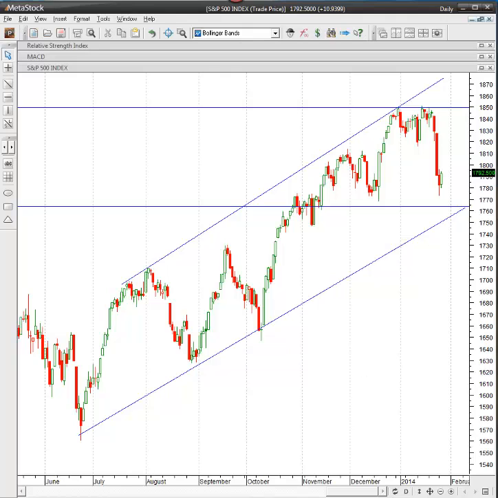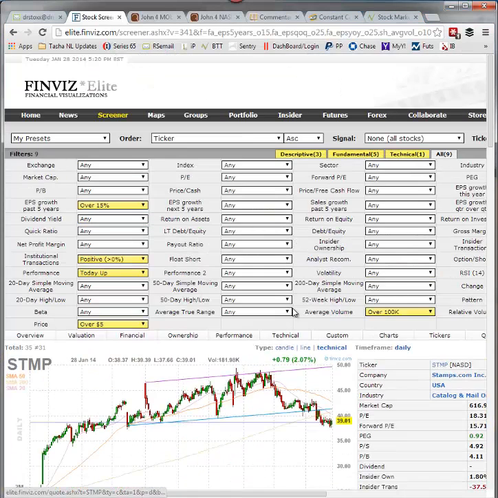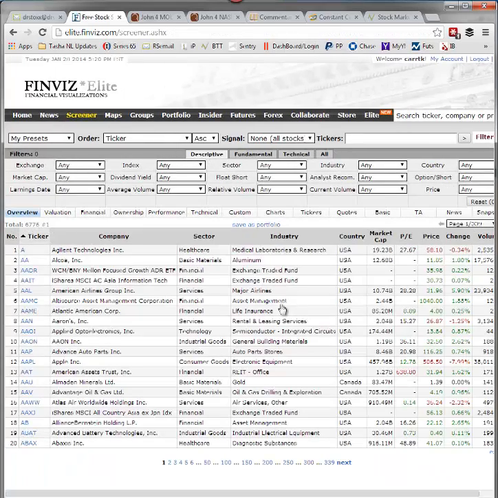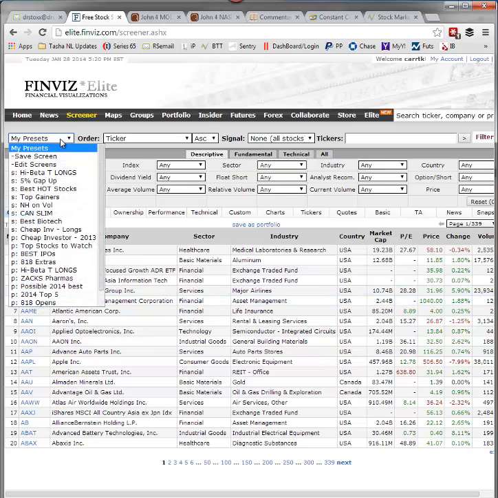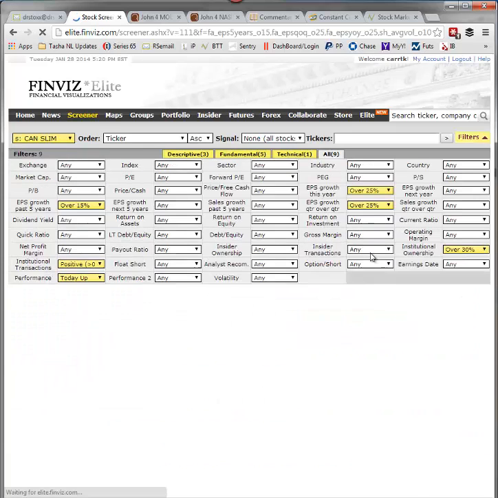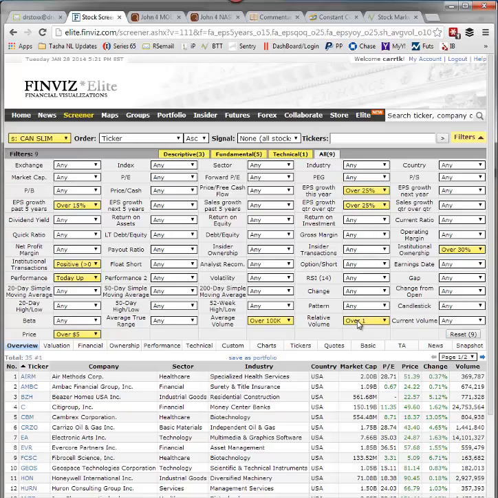One quick thing I wanted to point out before we end our time today is a screen that I run to find excellent trades for the Trend Trade Letter, and I can reduce the price on this to get us into trades for the Cheap Stocks Letter. I have a fundamental-technical screen based on parameters you'll find in William O'Neil's book on how to make money in stocks.